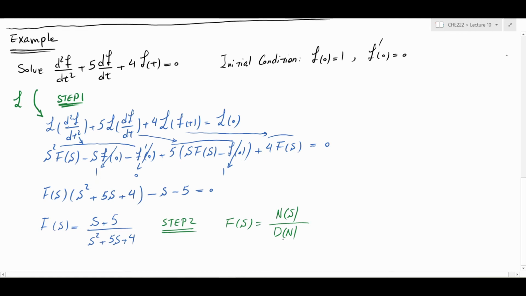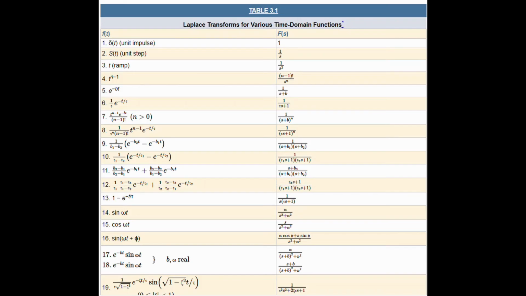It's just a notation, but I wanted to bring it up so if you refer to the book, you understand what it means. Now our next step is to go back to our Laplace transform table and try to find an expression that matches our solution for F(s).